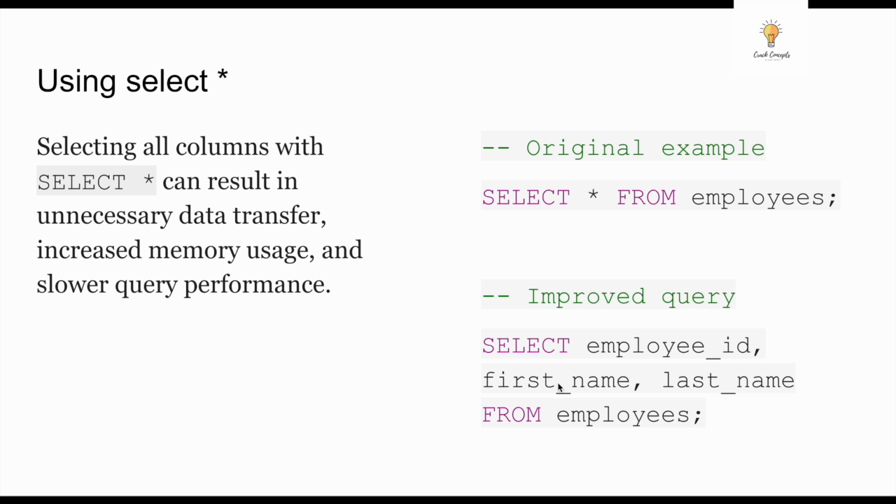Number 2 is using select star. If you do not know what columns your table has, then it's perfectly fine to use select star. But if you know what columns are there in that particular table and you do not need all those columns, you just need a selected few columns, then you should specify those columns instead of writing star, because it can result in unnecessary data transfer, more memory usage, and your query performance will be very low.